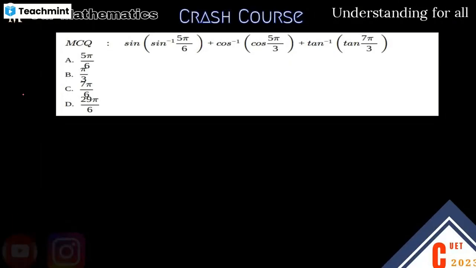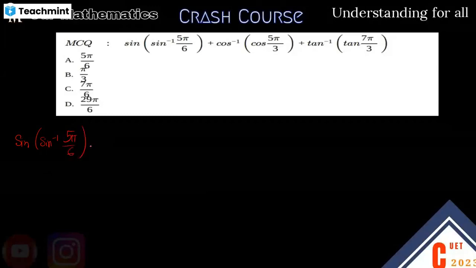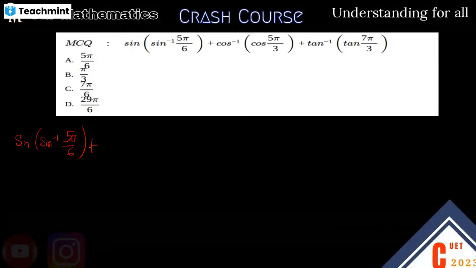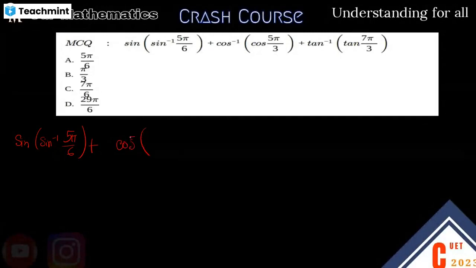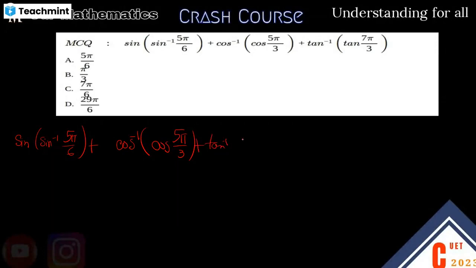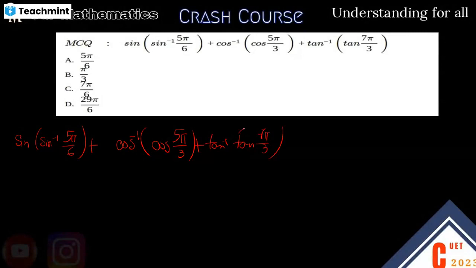The first question is, what is given? Given sine inverse 5 pi by 6 plus cos inverse cos of 5 pi by 3 plus tan inverse tan of 7 pi by 3, right?